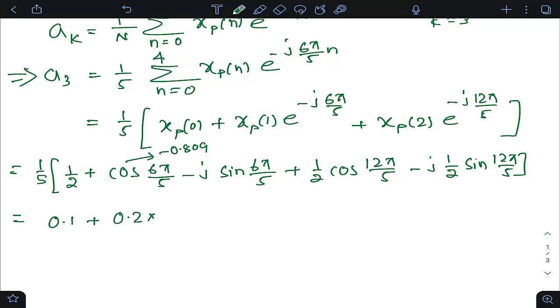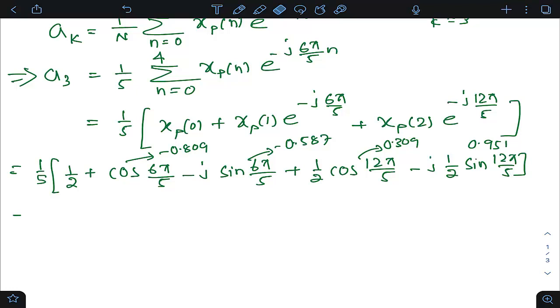Put the calculator in radian mode and find it out. Similarly, if you find this sine value, it is minus 0.587. Similarly, cos 12 pi by 5 is 0.309. And if you find this sine, it is 0.951.